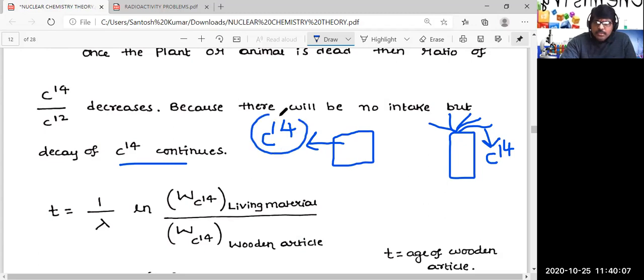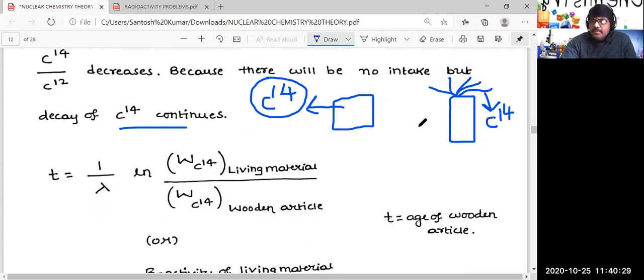Undoubtedly, this is a wooden article, and this wooden article is made from a plant, a wood tree, and since there is no intake, the mass of C14 continuously decreases. This is the living material C14 mass they'll be giving, and this is the wooden article C14 mass that will be given.